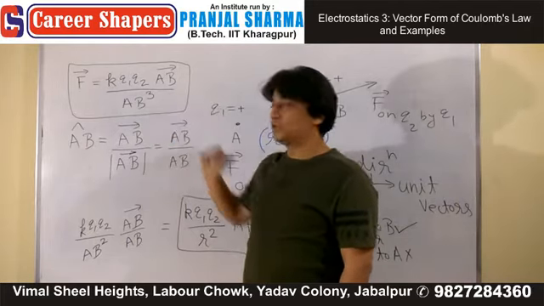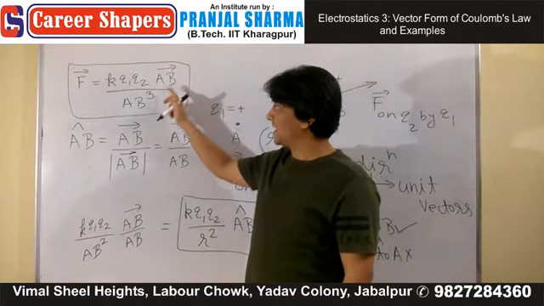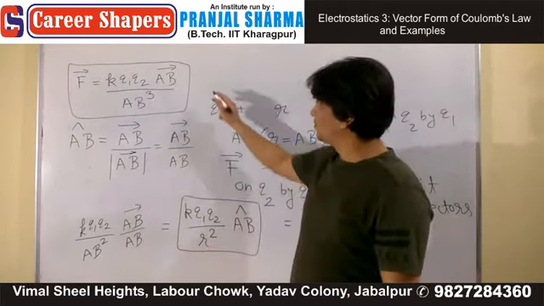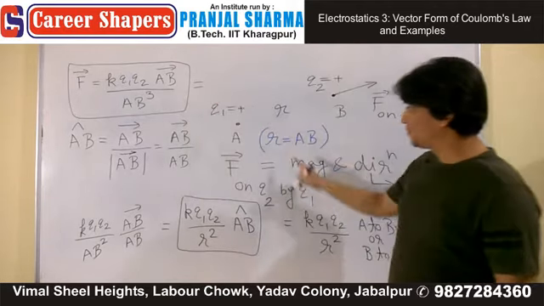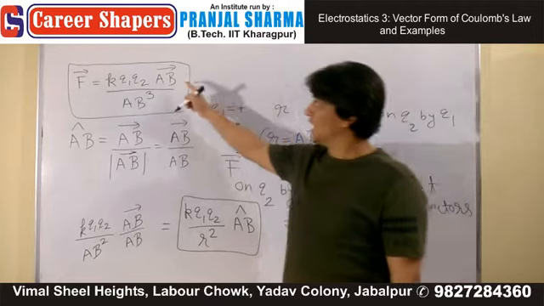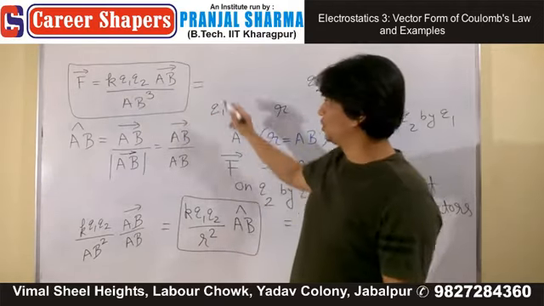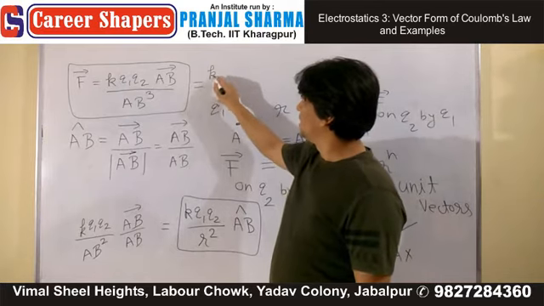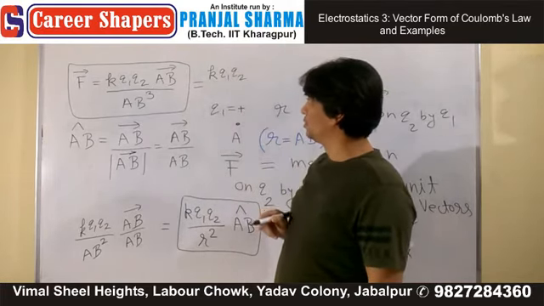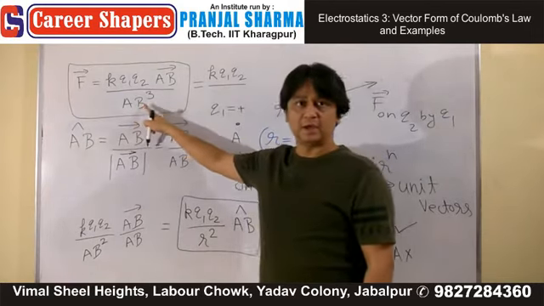Now this complete form, either you write in terms of AB, or you will find that we prefer R because it's a smaller term, and therefore this same part now also looks like this. Pay attention to what I am writing on the board. K Q1 Q2 divided by, what is AB?